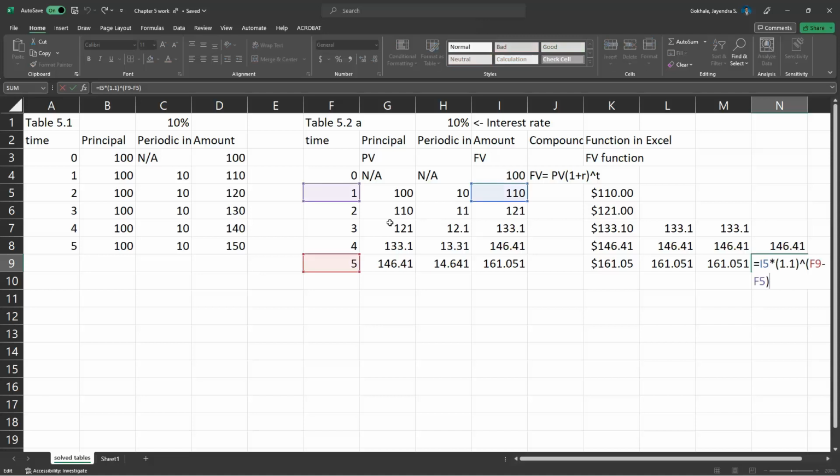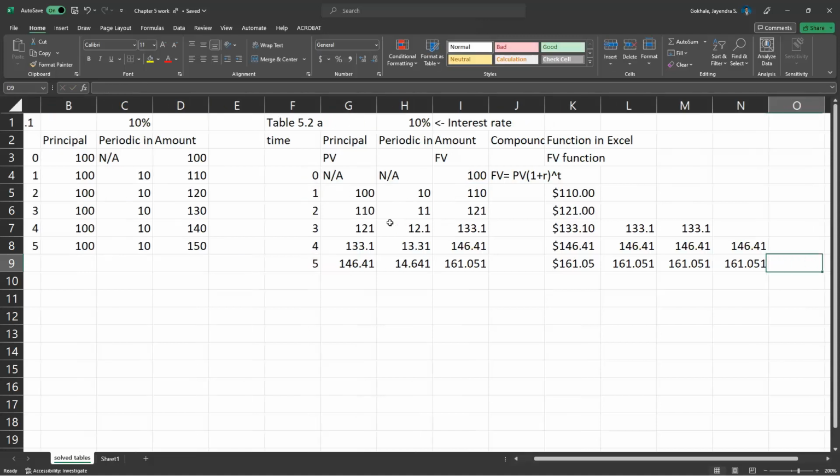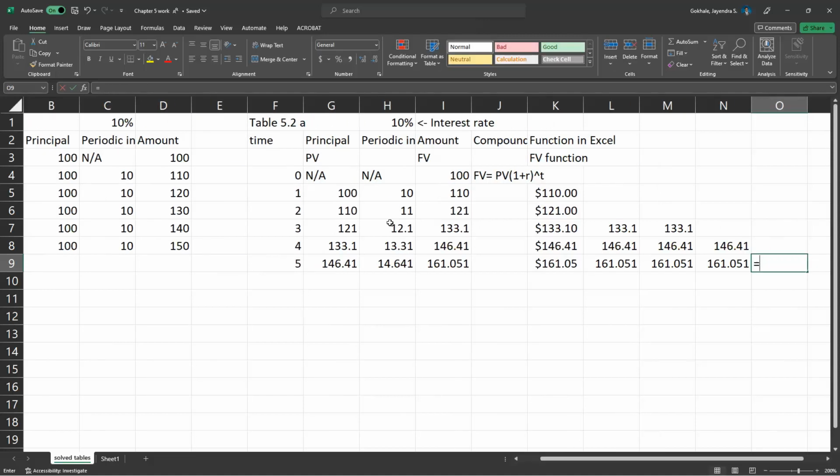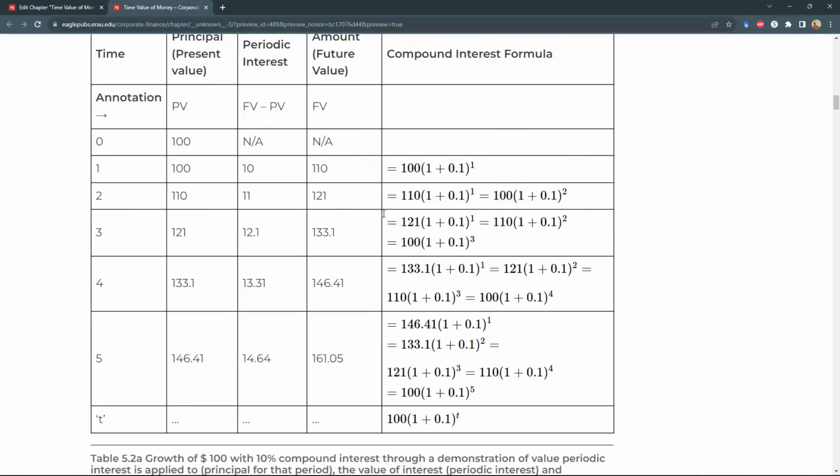We can use 110 for 4 periods. And we can use 100 again for 5 periods, like we did in the FV function, times 1.1 to the power of this minus 0. 161.051. And that's exactly how this table is constructed.